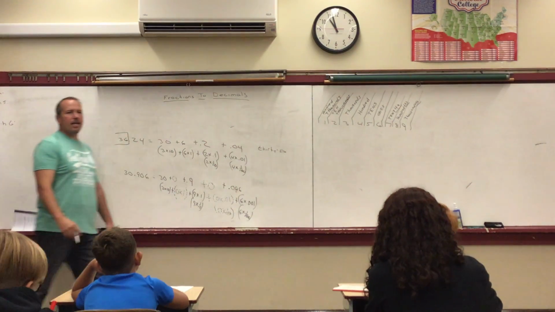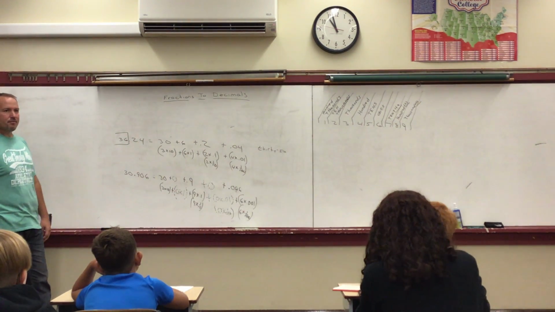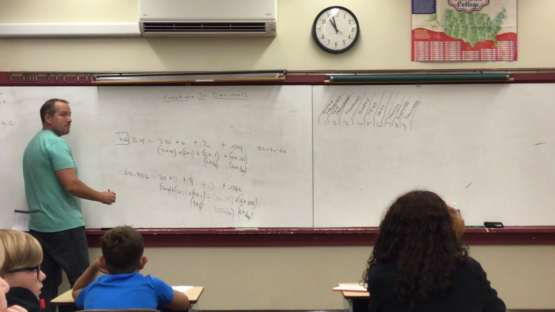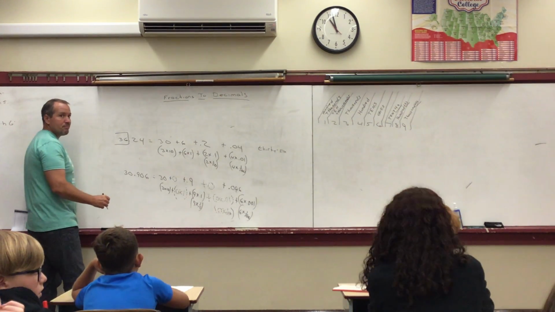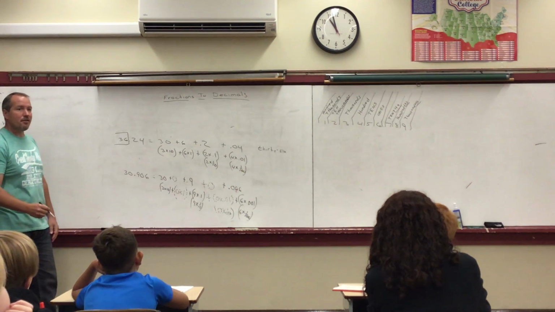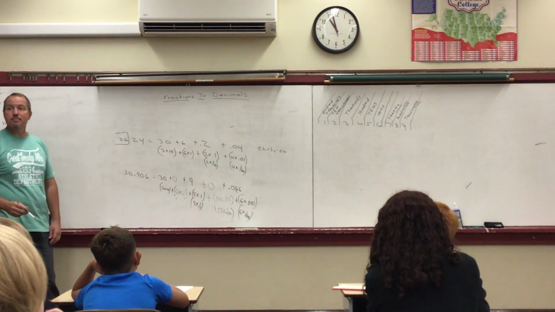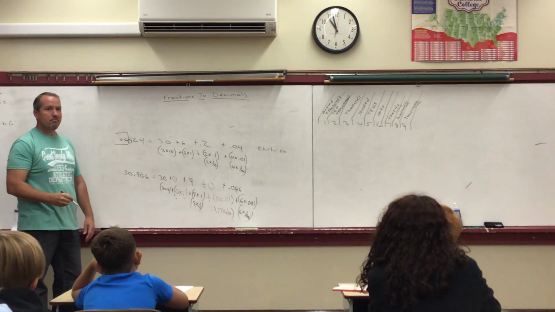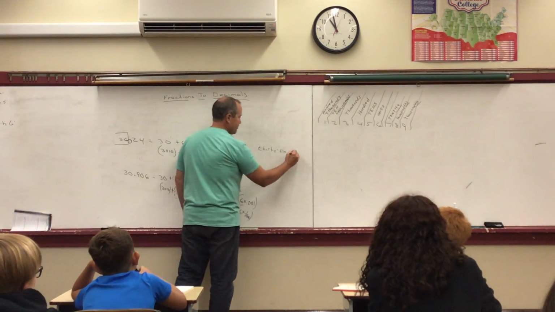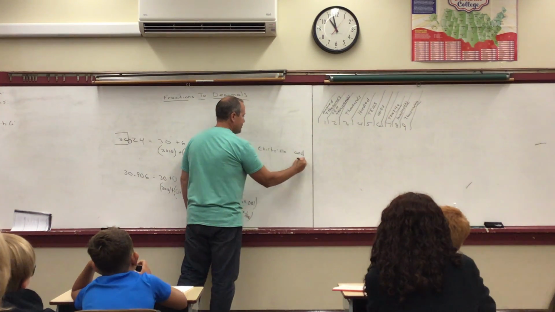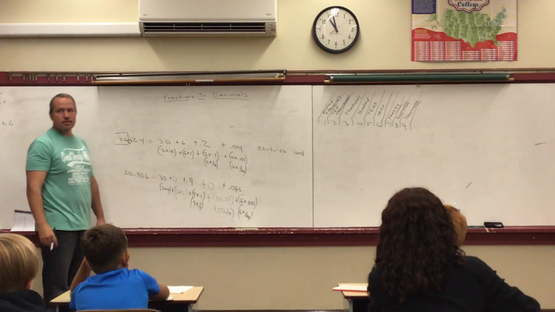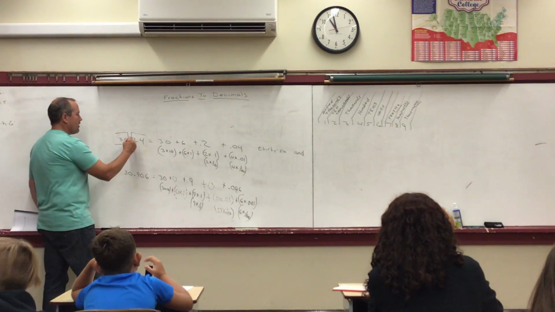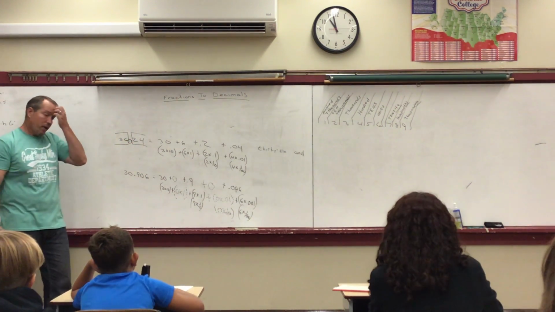The second part is, Camden? Shelton? Nick? The decimal. What do we say in place of the decimal? And. The third part, the number after the decimal. What is the number after the decimal? 24.